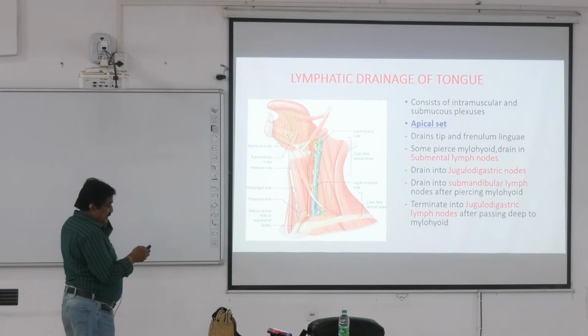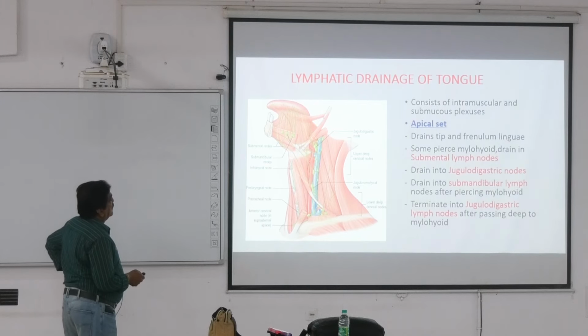Now, lymphatic drainage of the tongue. It consists of intramuscular and submucosal plexus, apical set, draining tip and frenulum lingually. This is the tip and the frenulum lingually to the submental lymph nodes and drain into the jugulo-digastric nodes.